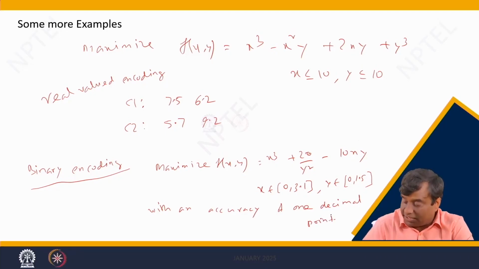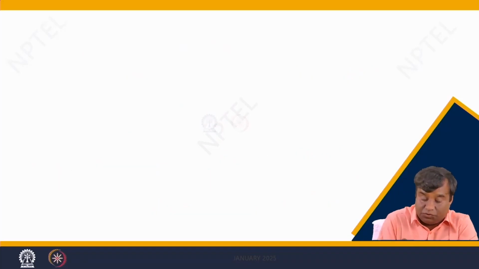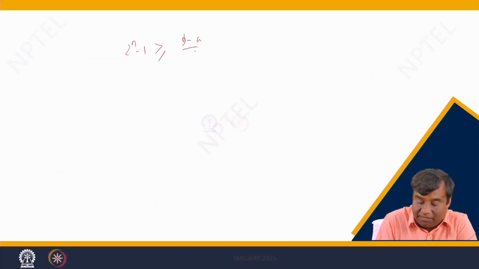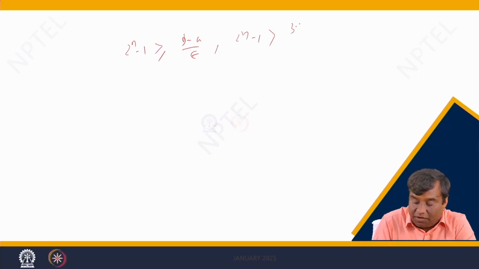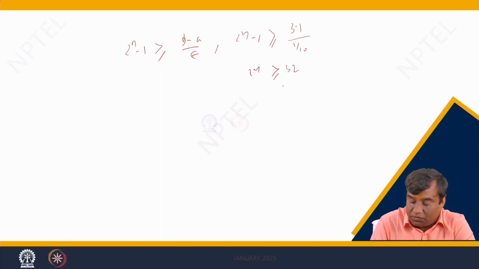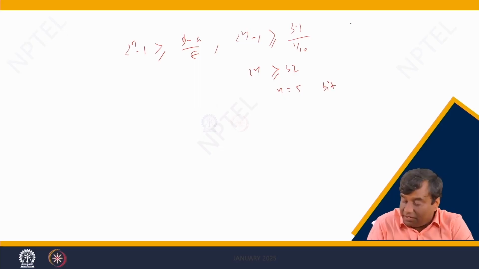The number of bits is given by 2 to the power n minus 1 is greater than (b minus a) by epsilon, that is, 3.1 by 1 by 10, so 2 to the power n is greater than or equal to 32, so n equals 5. So 5 bits are required for x. For y, 2 to the power n minus 1 is greater than or equal to 1.5 by 1 by 10, so n equals 4.